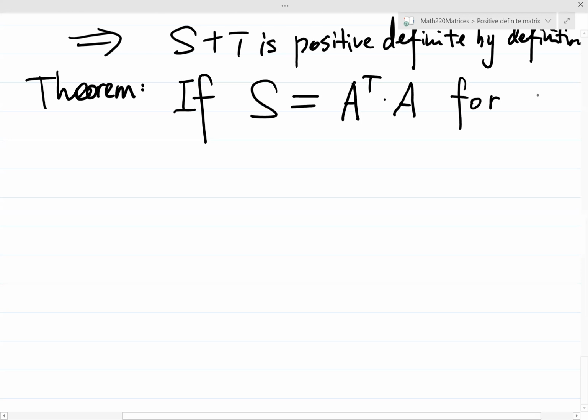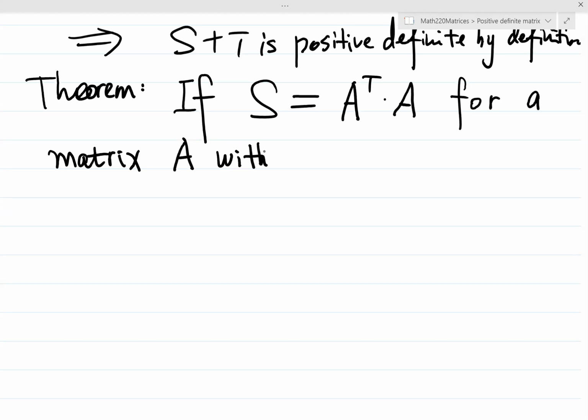For a matrix A, the only thing we assume is that A has linearly independent column vectors.